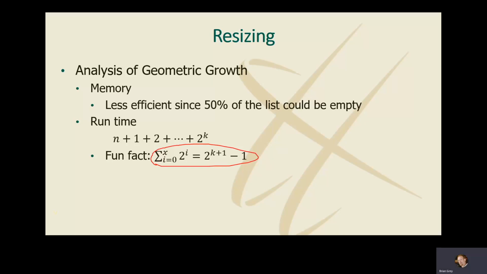This is why in March Madness you have a 64 seed tournament. I'm not counting the 4 playing games. You have a 64 seed tournament and you have 63 games. 2, 4, 8, 16, 32, 64. Right? That is why it works out this way.